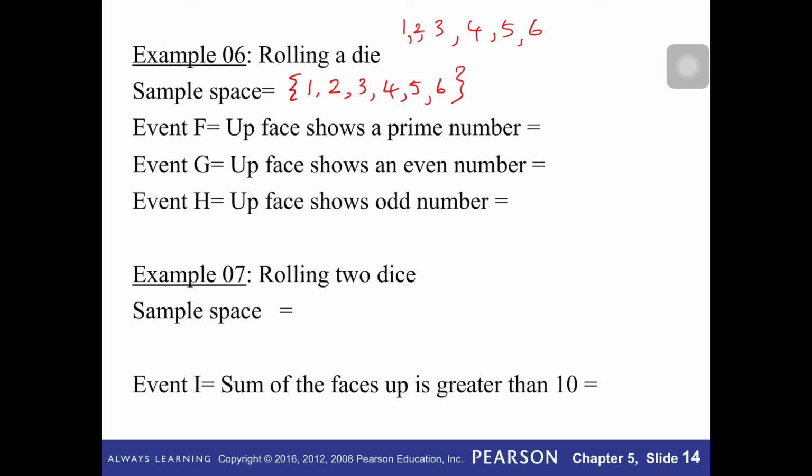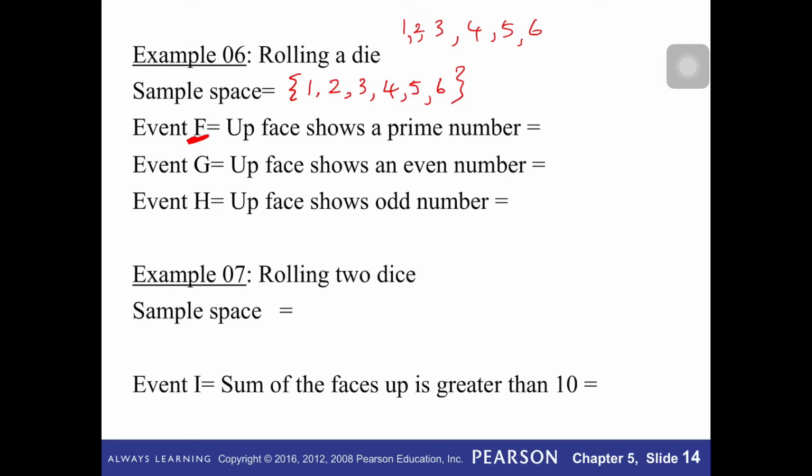That means don't use a letter which you have used before, otherwise we will be confused. If you mention that event A is 2 heads, and some lines later you use event A for 1 head, that's confusing. Please use different letters for different events.